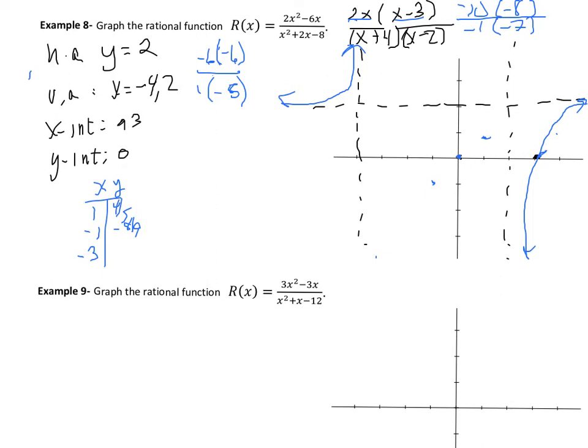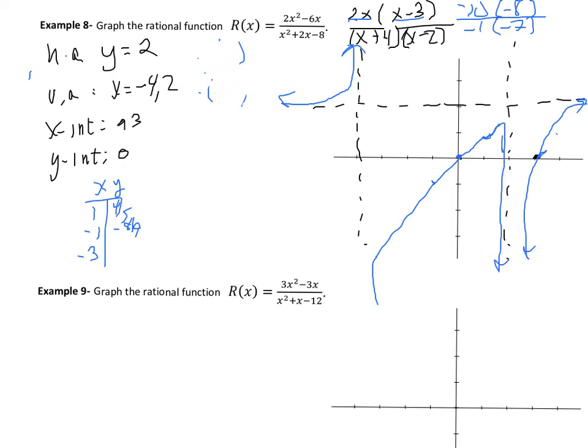Okay, so now we know our graph's going to come like this, right here, but what's it going to do here now? It's either going to come up here, or it's going to whip right back down around here. I think it does that, but I'm not sure, but let's check. Let's graph one more point, and this is going to be a little yucky. So let's do 1.5.